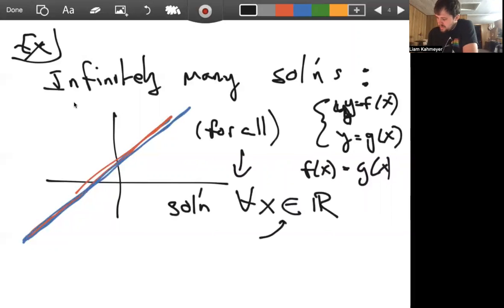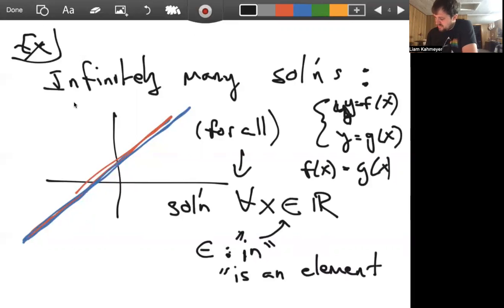So here, this epsilon-like symbol means x is in the real numbers, or I think more precisely, you would say x is an element of the real numbers. And again, this symbol here stands for the real numbers.